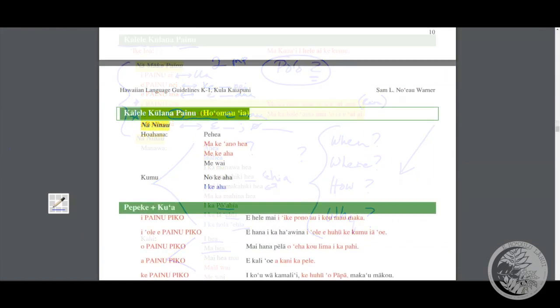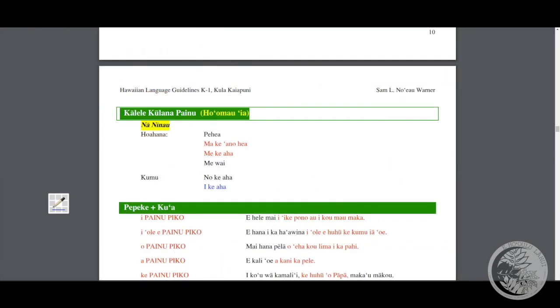And it's going to scroll down. The other two that are commonly asked in very much the same way, just like when and where, of course, is asking the question how something occurred. So generic how in English, how something occurs, is also a Kālele Kūlana. And so whether you ask the question pehea, how, that's a generic how, pehea.